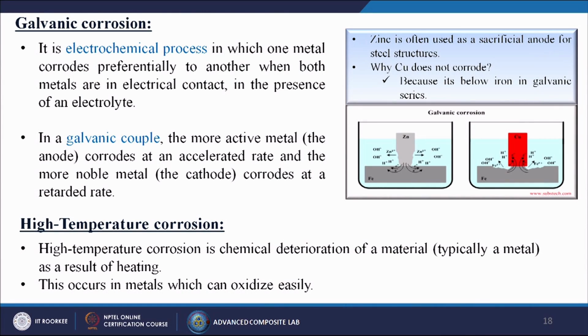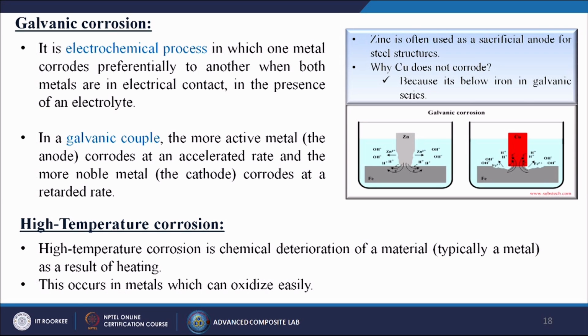From this figure you can understand that when you put zinc and iron in a common electrolyte, the zinc is eroded faster than the iron. Why? Because zinc is higher in the galvanic series than iron itself.